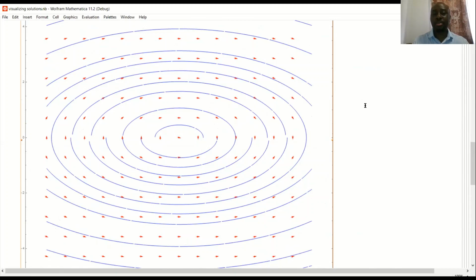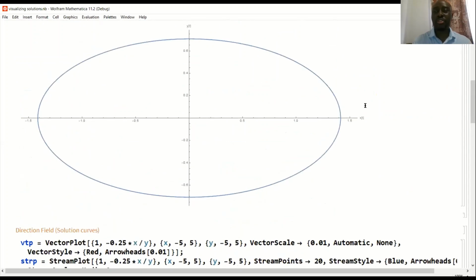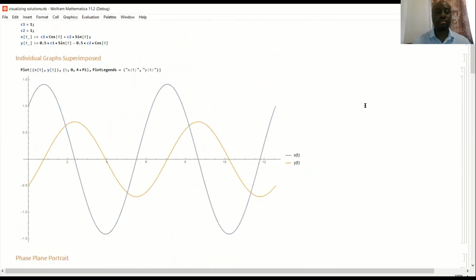I just change the ellipse that I lie on, right? And so this is very useful information that these three different visualization techniques can give you about the solution to a system of differential equations. Okay, let's go back to the presentation.